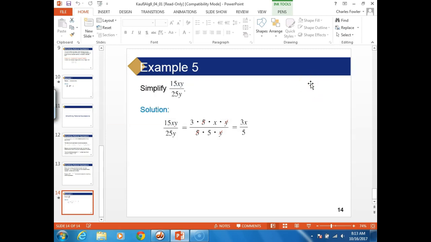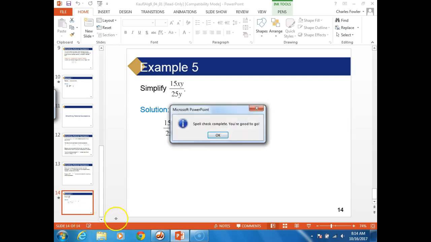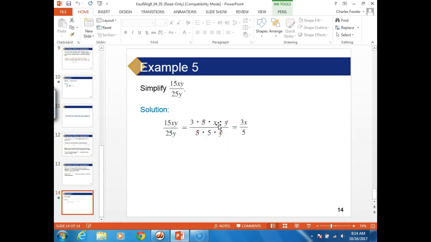No. There used to be an icon down here that I could click on, and it's not. Oh, this is not very good. Okay.